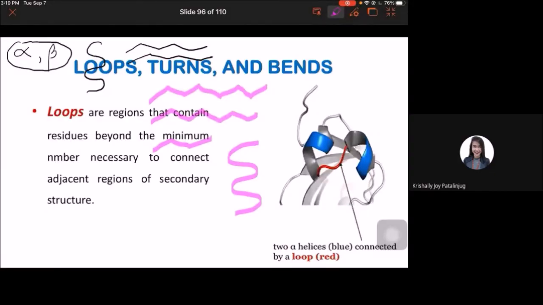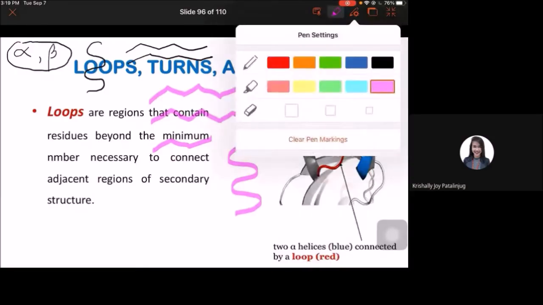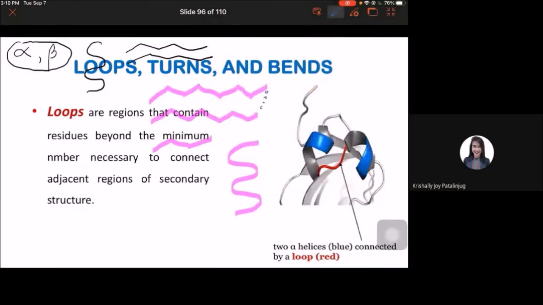So yung gagawin ng loops, turns, bends, magfa-facilitate sila ng connection, linkages, between these secondary structures. So importante po yung loops, turns, and bends para ma-connect sila.